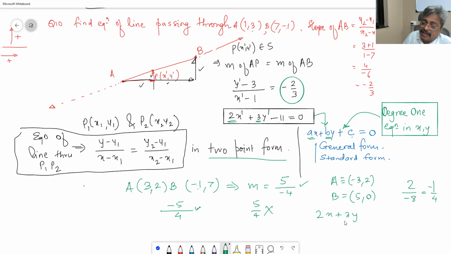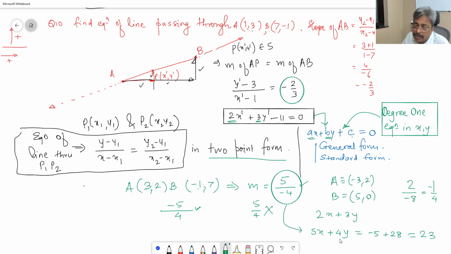Do you understand? If the slope is 5 upon minus 4, the equation of the straight line would look like 5x plus 4y. The constant is going to be different. How do you find the constant? Put any of these two points in the LHS, you will get the constant. Suppose we put minus 1 comma 7 here, then it is minus 5 plus 28 is equal to 23.